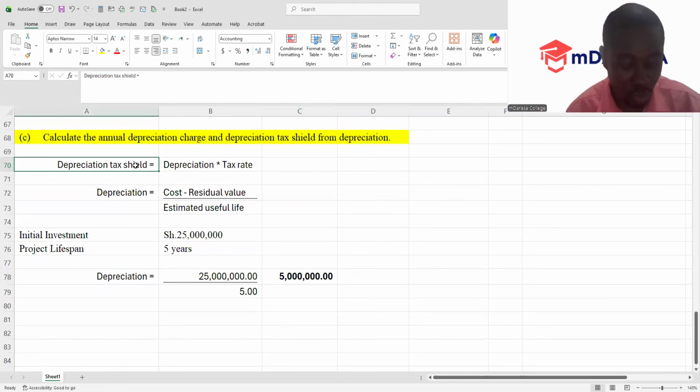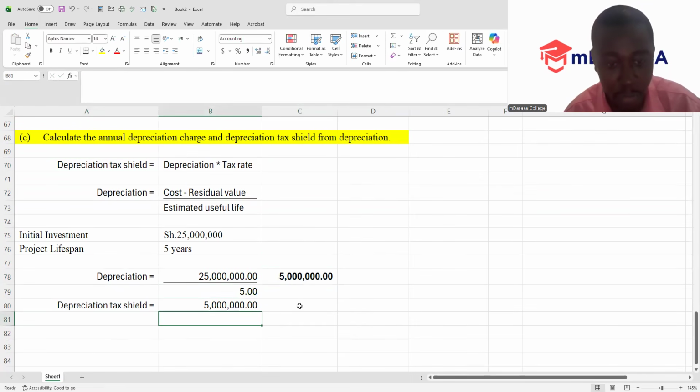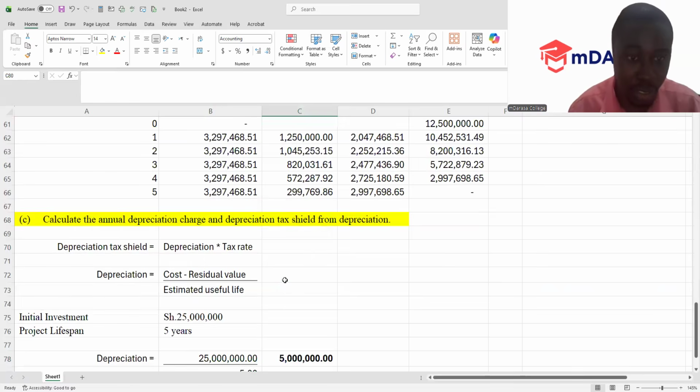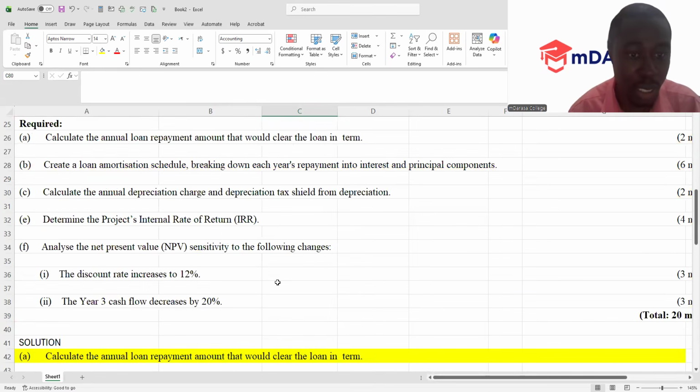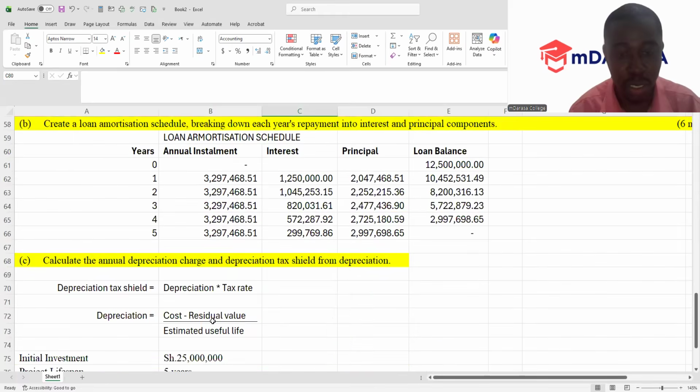And our task was to determine our depreciation tax shield. So my depreciation tax shield will take our depreciation times the tax rate, which a good examiner had given us as 30%, not 2. So you take 30%.